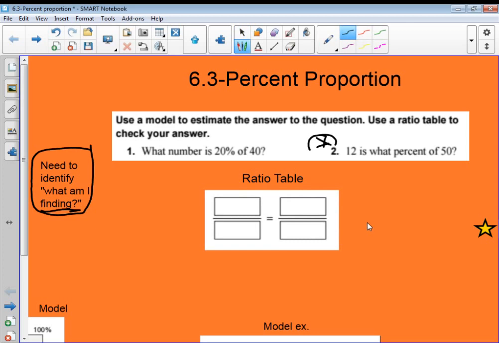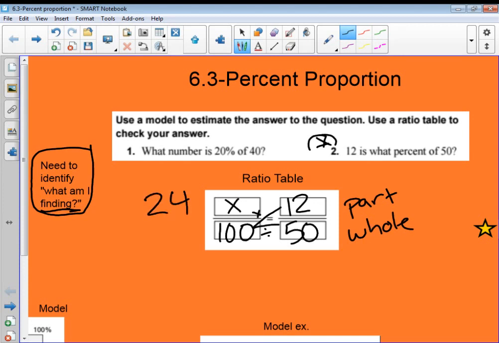So I've got some percent, X over 100, and 12 is my part and 50 is my whole. And then I solve. I take 12 times 100 divided by 50, which will then give me 24 over 100, which, as we already know, taking fractions into percents gives me 24%.